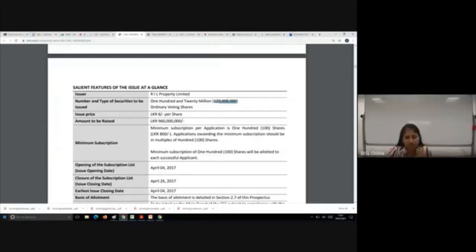To avoid that, usually in a new share issue, you onboard an additional party. They are called underwriters. Why do you onboard underwriters? You use the service of the underwriter, saying, look here, I'm going for a 120 million share issue, 8 rupees each.